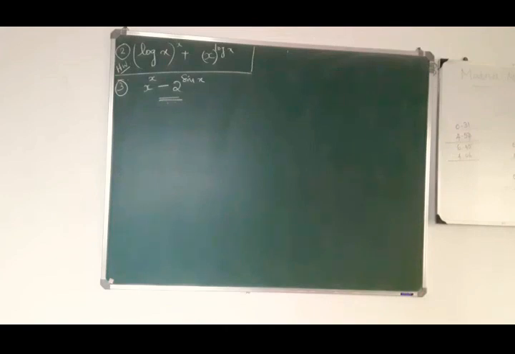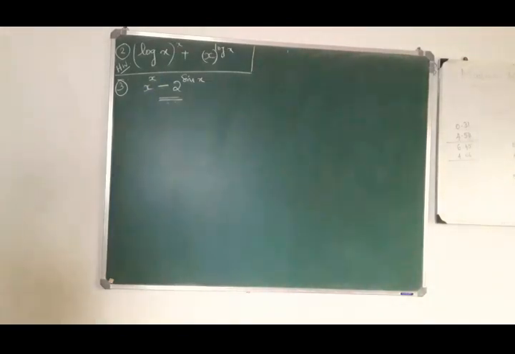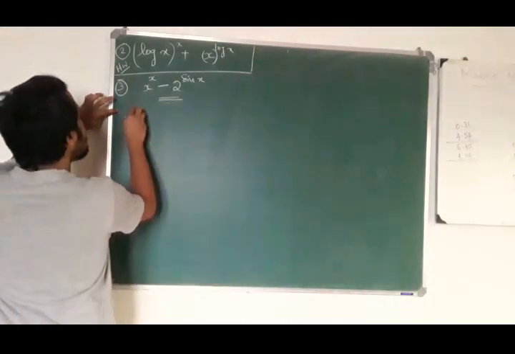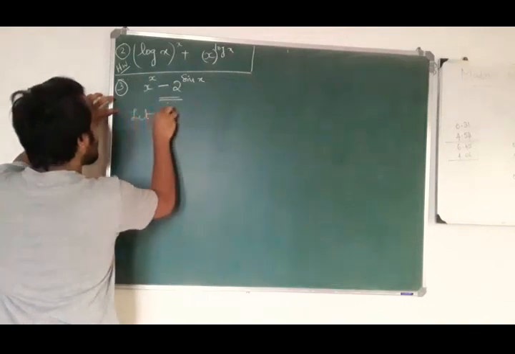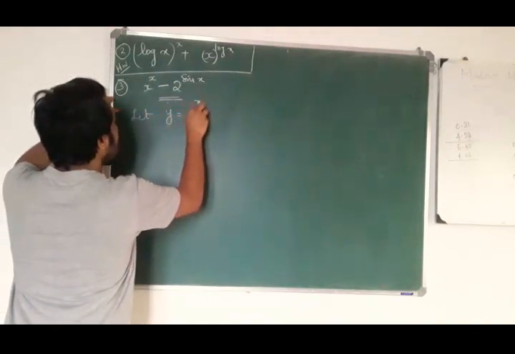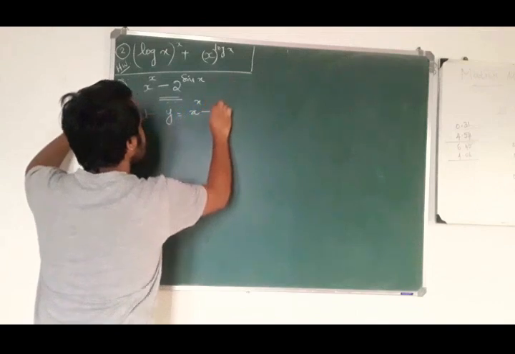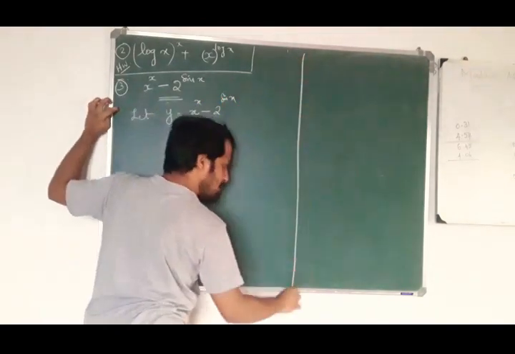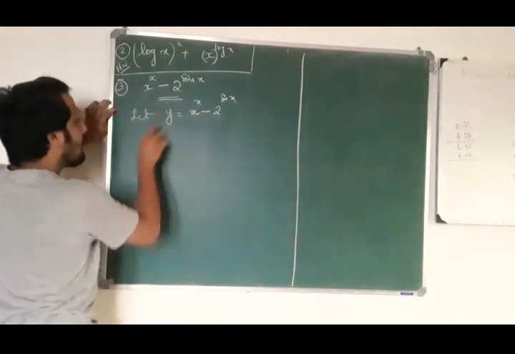So third question, x to the power x minus 2 power sin x, that we will discuss now. So first let us consider y is equal to x to the power x minus 2 power sin x. Listen here.